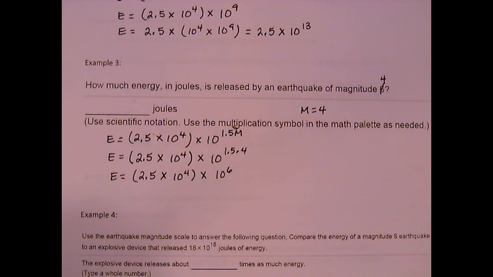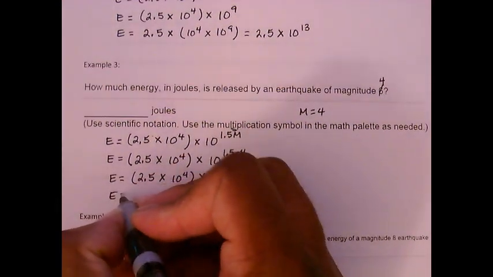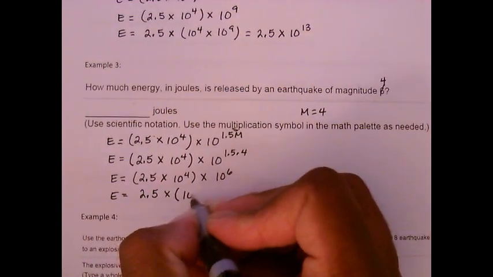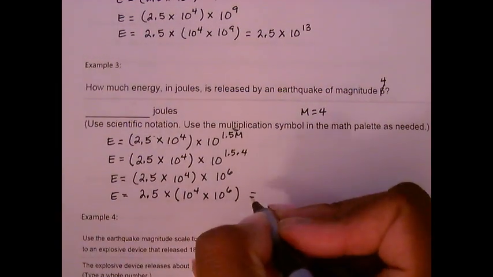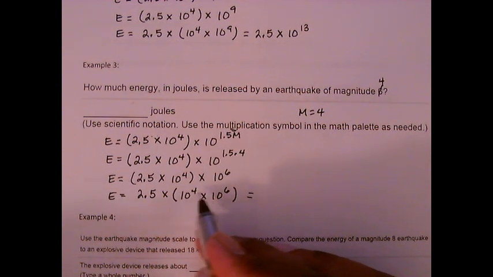Okay. Again, I'll group 10 to the fourth and 10 to the 6 together. So I have 2.5 multiplied by 10 to the fourth times 10 to the 6. And again, when you multiply powers of the same base, you add your exponents.